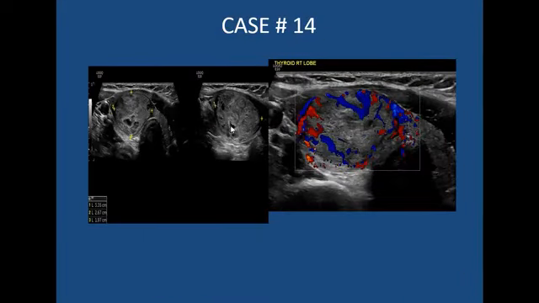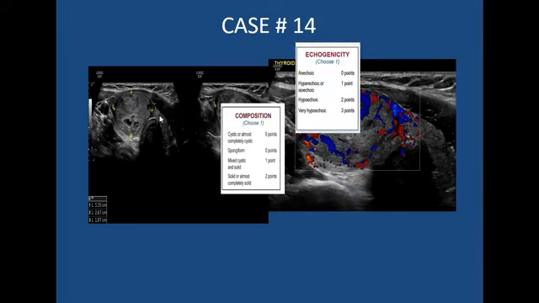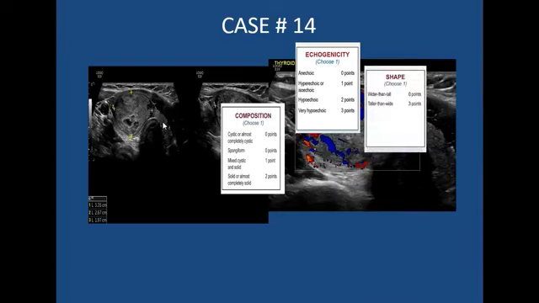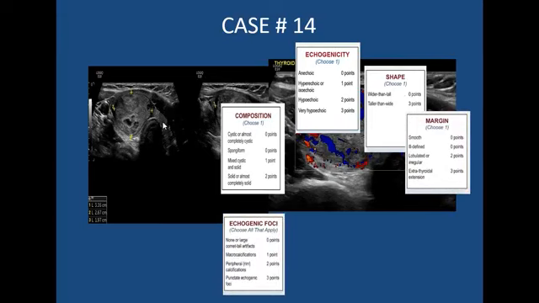Here we have another nodule similar to the last one, but here you can see that the solid component is more than the cystic space. So here we have a solid component, and when we put our color box, there is vascularity. So we have a solid nodule with echogenicity, I think, isoechoic to the rest of the thyroid, wider than taller, with well-defined margin, and no echogenic foci.